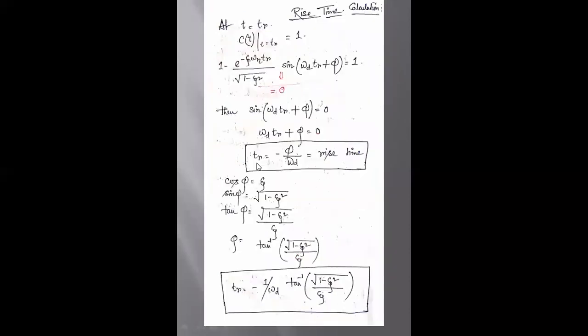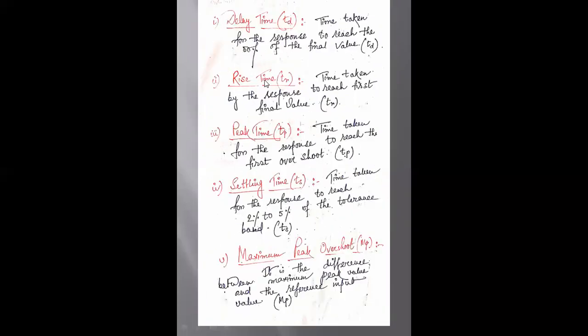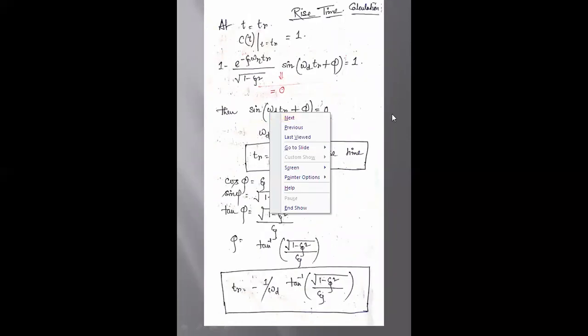Now we are doing the calculation part. How can we approach the calculation of the rise time? If we go through the definition of rise time, the time taken for the response to reach the first final value, when t equal to tr, the output became 1.